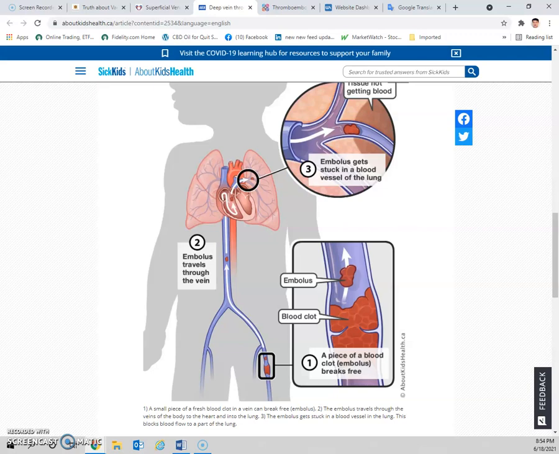Again, preventing the risk of developing deep vein thrombosis is the most important part of preventing pulmonary embolism.